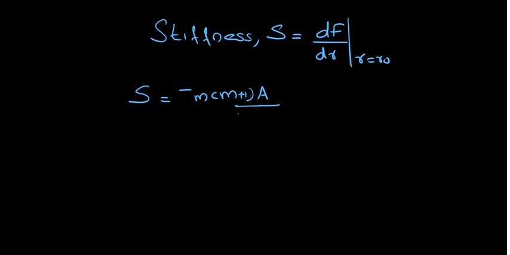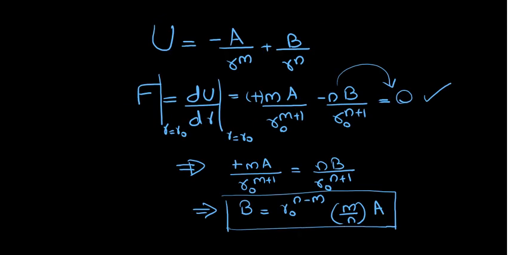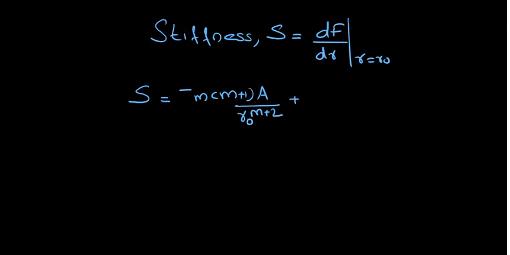Similarly the second term becomes minus of minus, which is plus, n into n plus 1 b by r0 power n plus 2. So this is the equation for the stiffness in a very generic case.